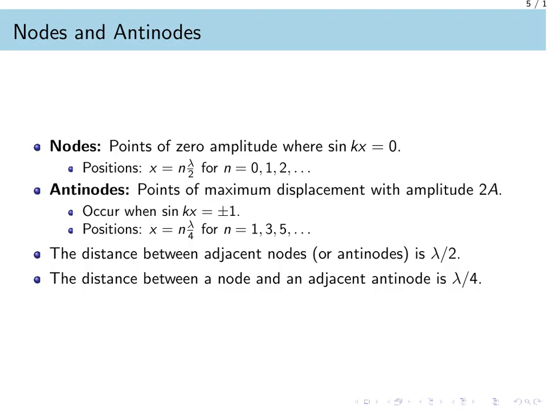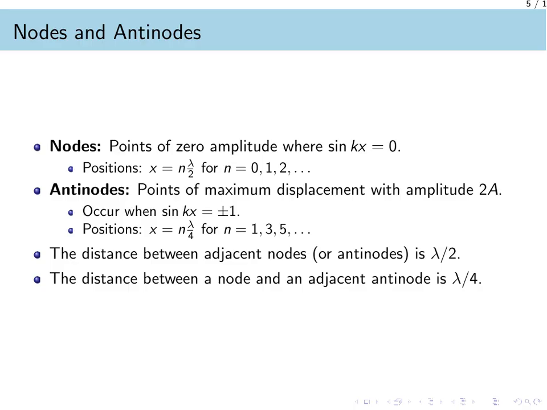Within a standing wave, we identify two critical types of points: nodes and antinodes. Nodes are locations in the medium where the displacement is always zero. This occurs whenever the sine of kx term in our equation equals 0. Mathematically, these positions are found at x equals n times the wavelength divided by 2 for integer values of n starting from 0. Conversely, antinodes are points of maximum displacement, where the amplitude reaches 2 times the individual wave amplitude.